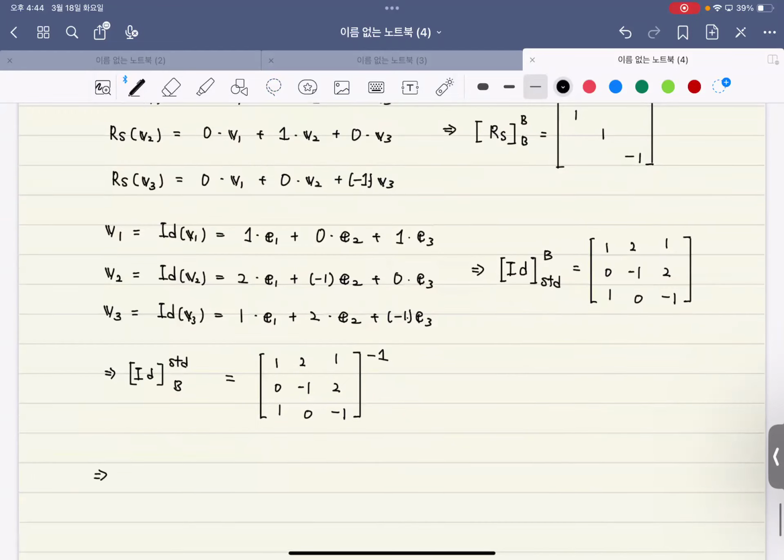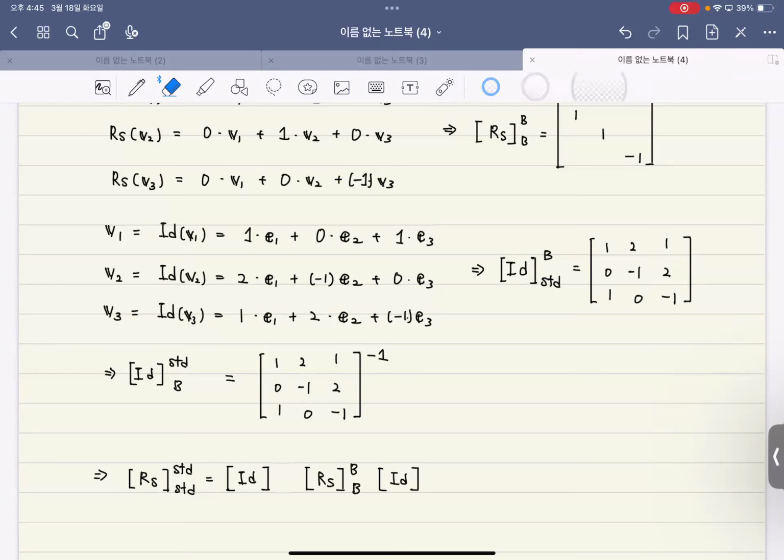Now our final goal is this transformation represented in terms of the standard basis, which is the identity from B to standard, R_S in B, B, then the identity back. Oh, sorry, I messed up.